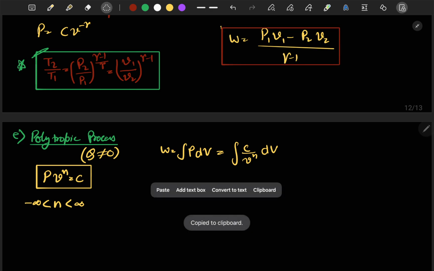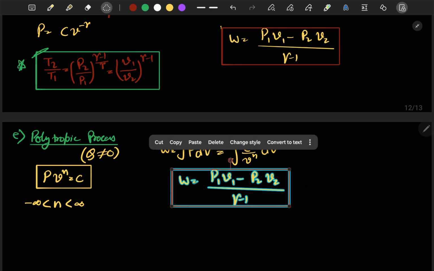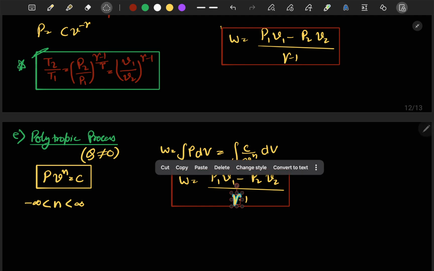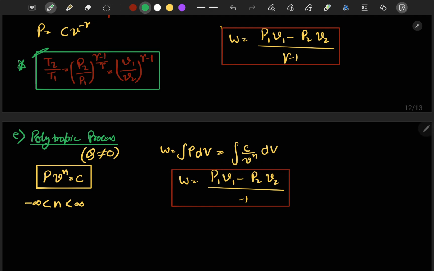I will copy and paste it here. What is the slight difference? In place of gamma, here it will be n, so there will be n minus 1. This is the slight difference between the work done of the adiabatic process and the polytropic process. Got it?